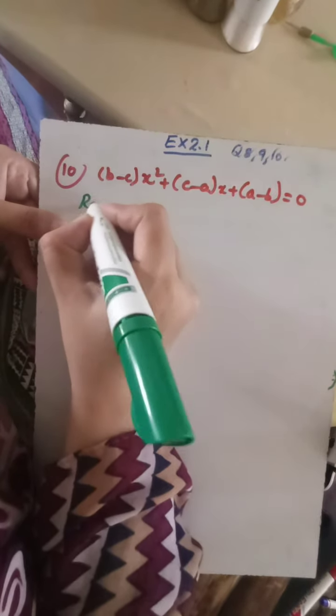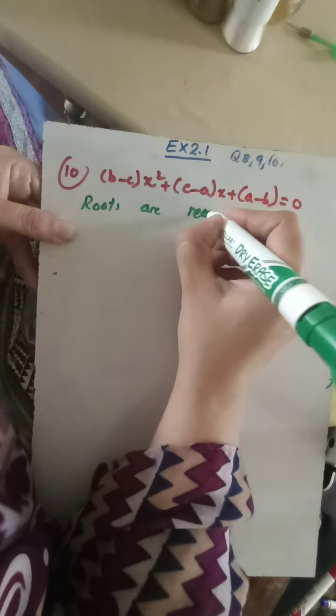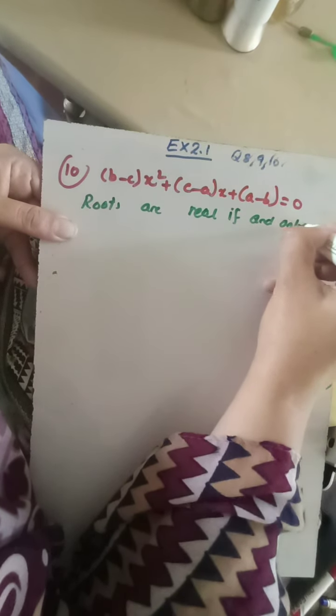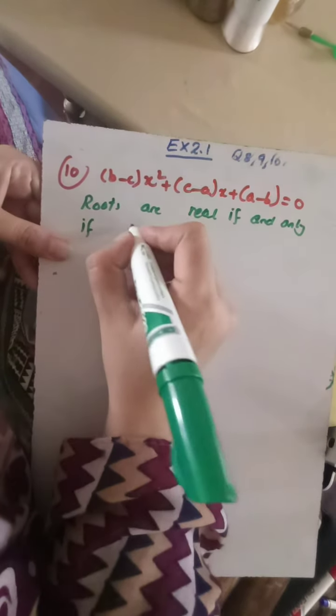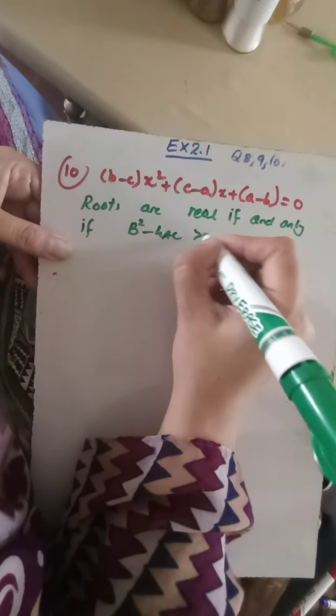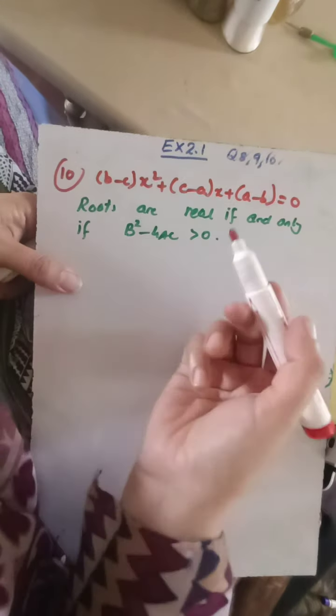Now we know that roots are real if and only if the discriminant b square minus 4ac is greater than 0. So in order to prove that the roots are real, we just have to prove that the discriminant is greater than 0.